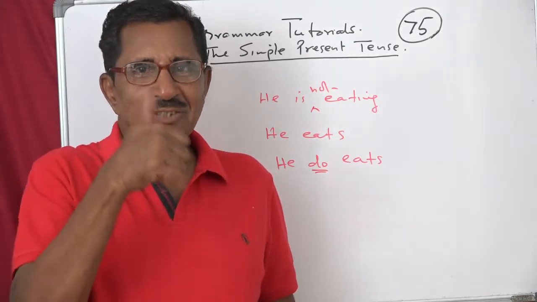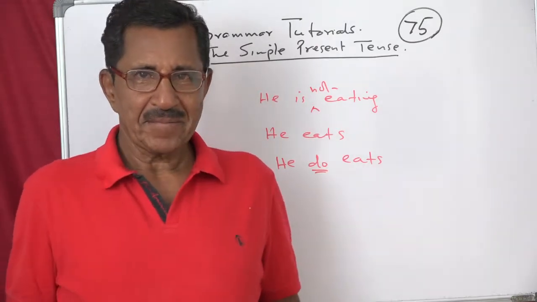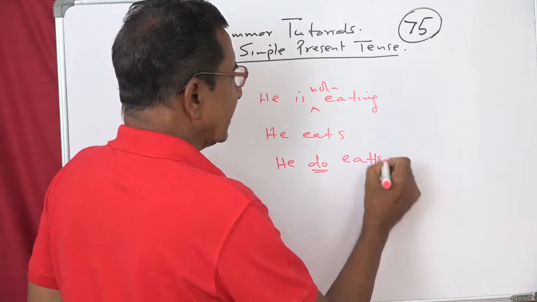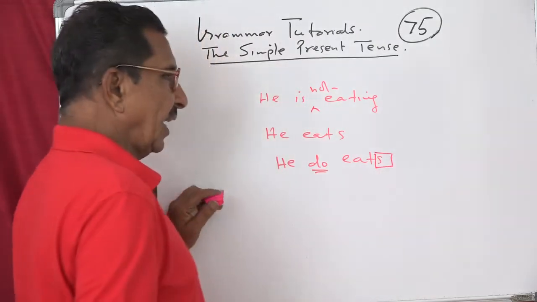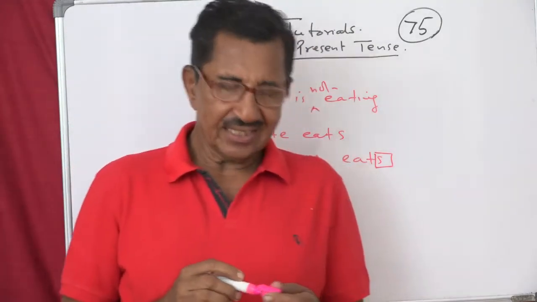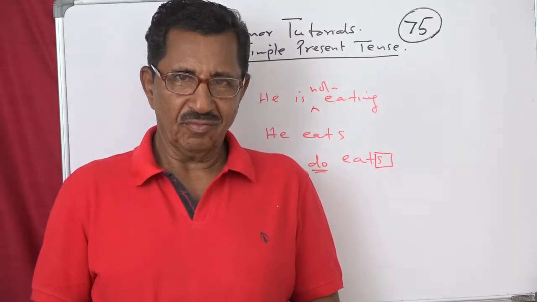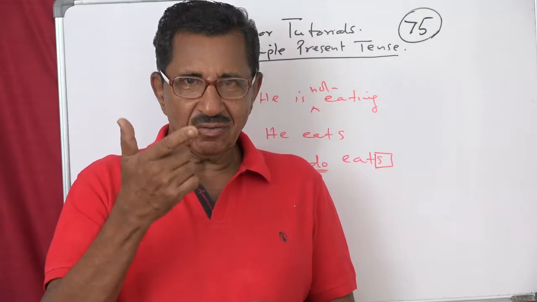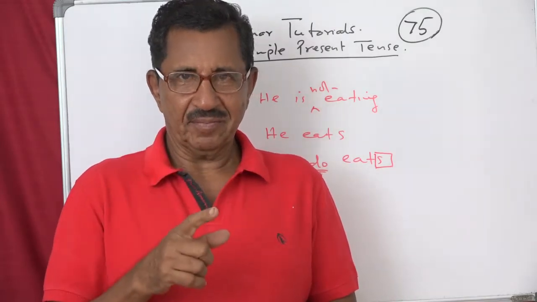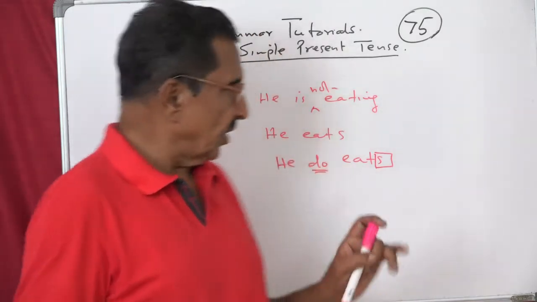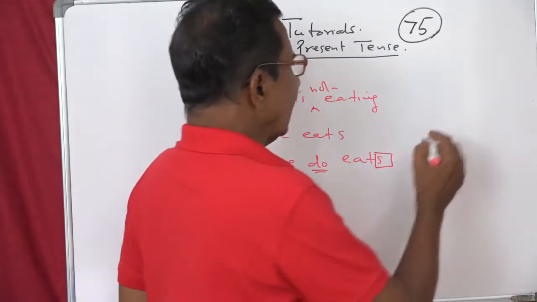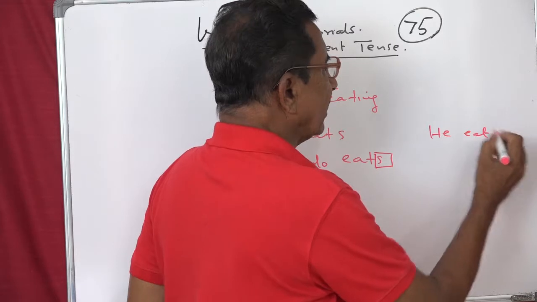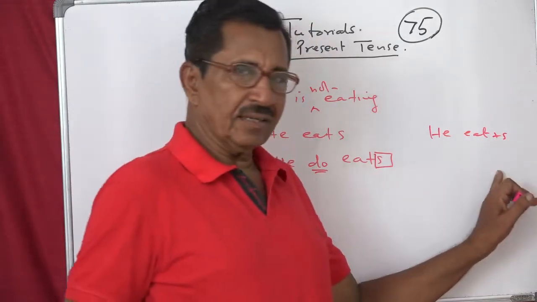But where is the tense marker? The tense marker is here with the second member. And in English, there is a rule. What is the rule? If there are more than one member. See, when you have got he eats, there is only one member, so you add the tense marker here.